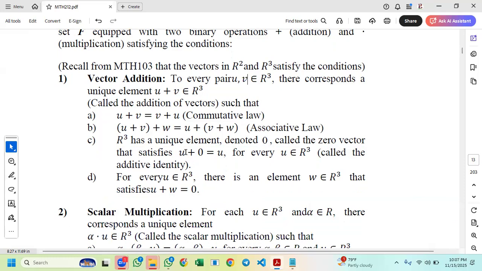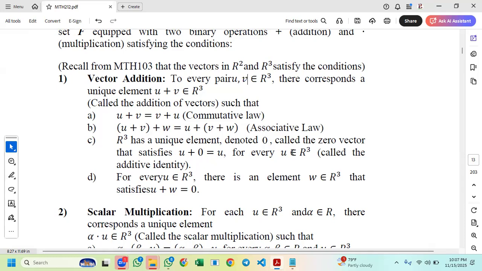When we add any number to 0 there, you see that we got that same thing back. Yes, correct. Now, for every u belonging to the real numbers, this is called the additive identity.